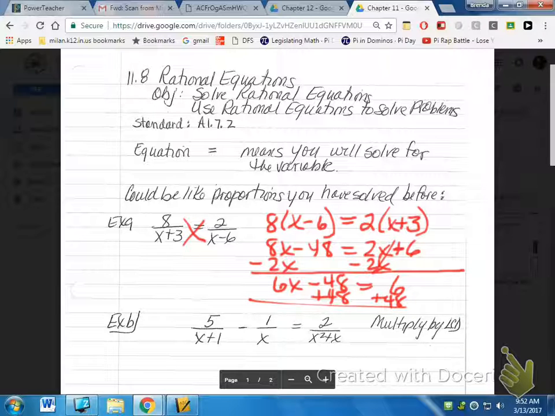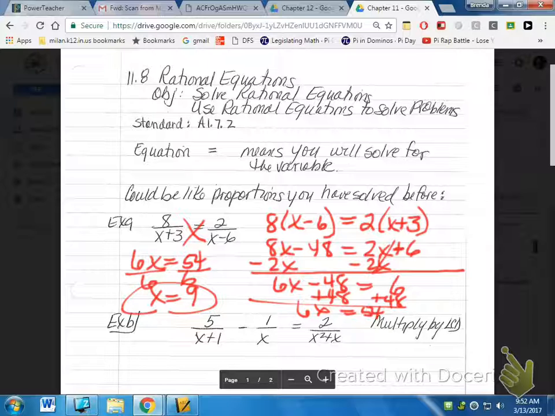And I'm running out of room, but 6x equals 54. Divide both sides by 6. X equals 9. So we have solved for the variable x, and x equals 9. All right, questions about that?